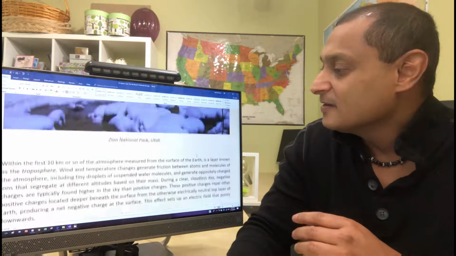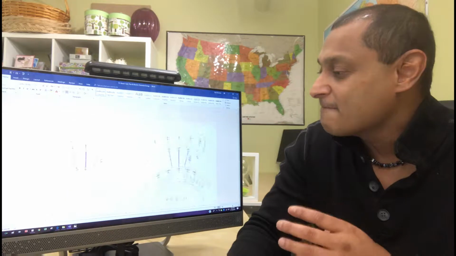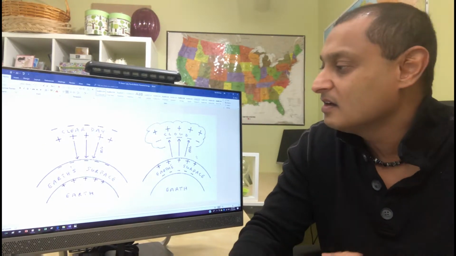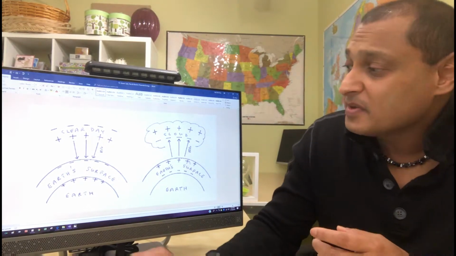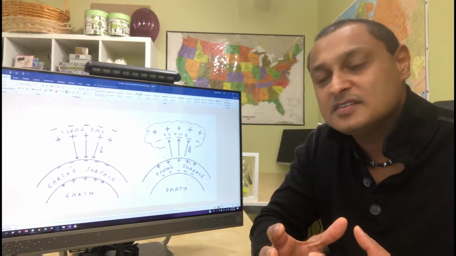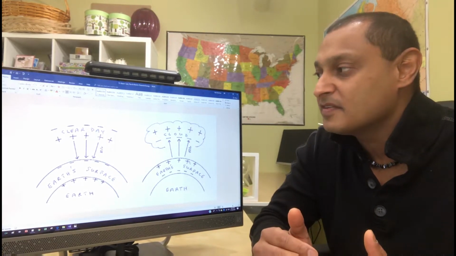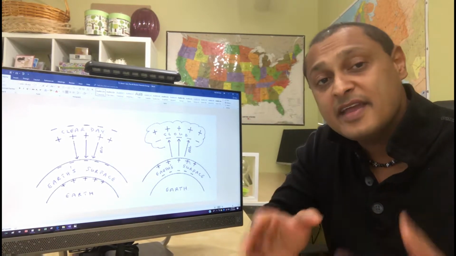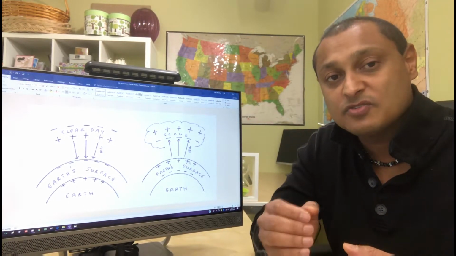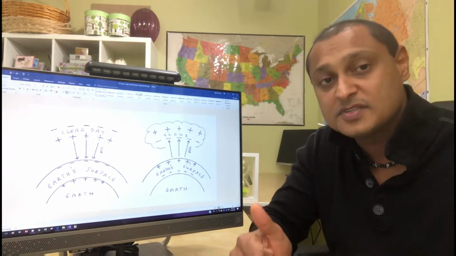What comes out of this is that there are charged particles in the atmosphere caused by the friction of water molecules. Typically on a clear day, positive charges exist lower in the atmosphere, closer to the surface of the Earth, than negative charges. And this sets up an electric field that is directed towards the surface of the Earth from the sky.